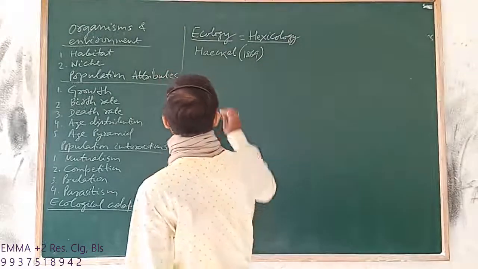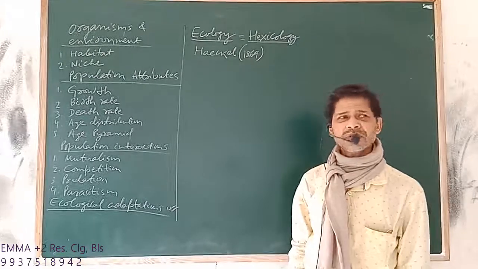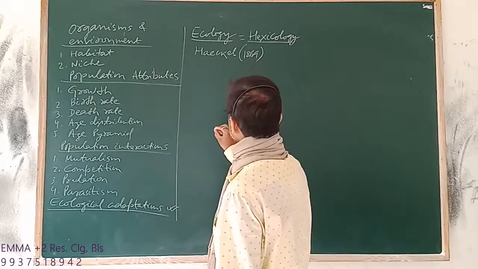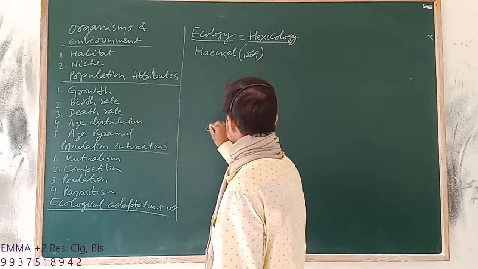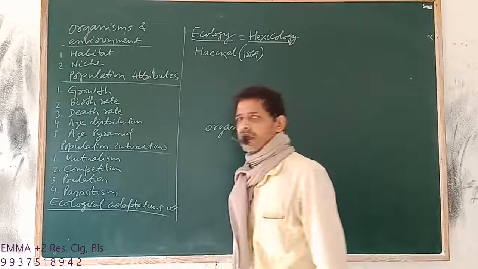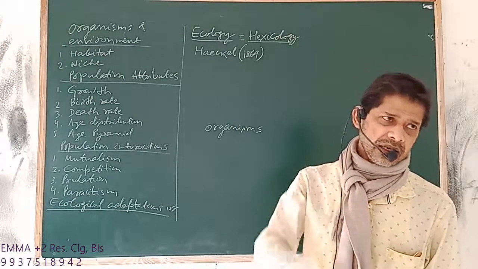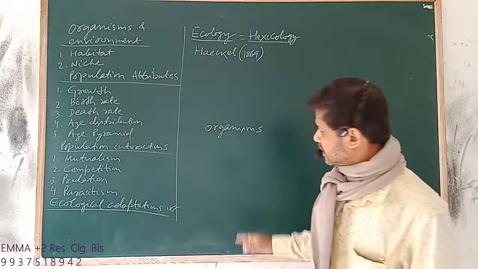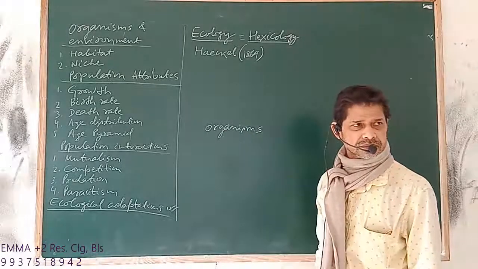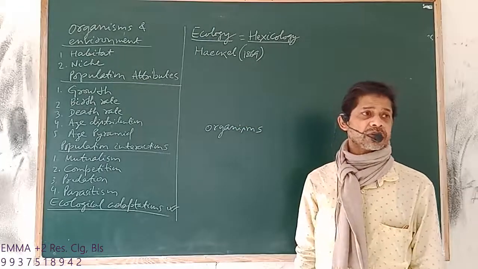So now we want to know under ecology what we have to study. All of you know ecology includes the study of 4 levels of biological organization. In the hierarchy of living organisms, cell unites to form tissue, organ, system, organism, and organism level onward is the subject matter of ecology.